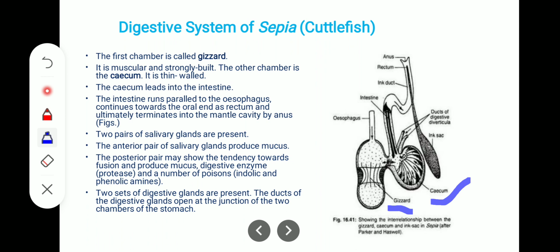Two sets of digestive glands are present. The duct of the digestive glands opens at the junction of the two chambers of the stomach.